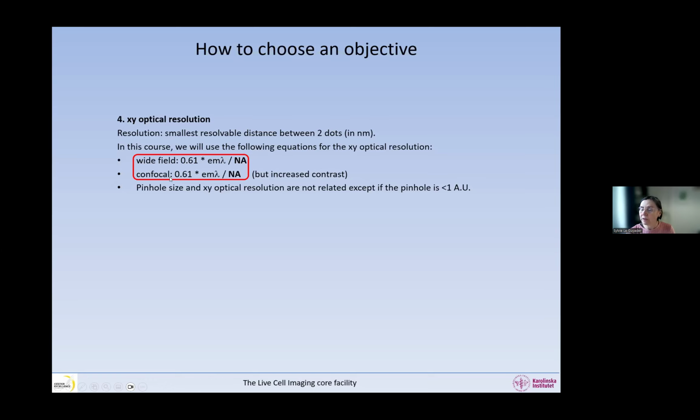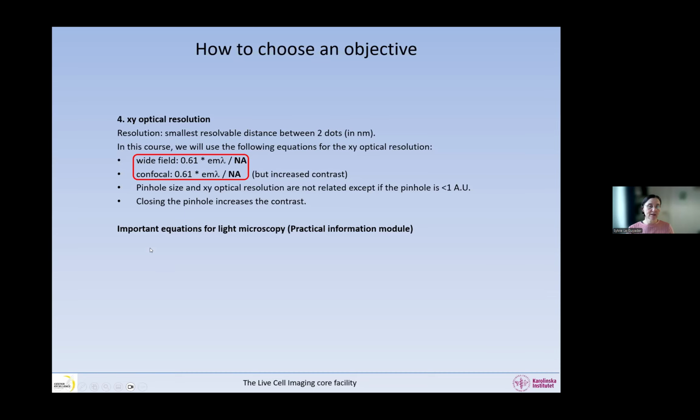All this we will understand throughout the course, but even if we use the very precise equations for confocal, the size of the pinhole is not included except when the pinhole is very small, like around 0.2 Airy units. So when we close the pinhole, what happens on the confocal is that we increase the contrast.